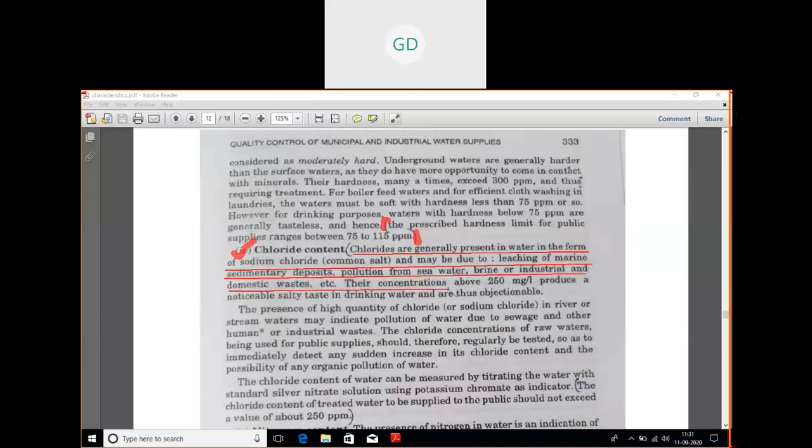Their concentration above 250 milligram per liter produces a noticeably salty taste in drinking water and is thus objectionable. Here you can add this line: the chloride content of treated water to be supplied to the public should not exceed a value of 250 ppm.